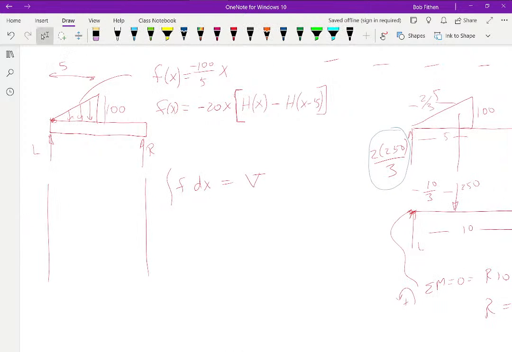So I'm going to do this in MATLAB on the other screen, and I'm going to write it down. So here's what we're going to do. I got my f over here. I'm going to integrate f with respect to x. Oh, that's ugly looking.